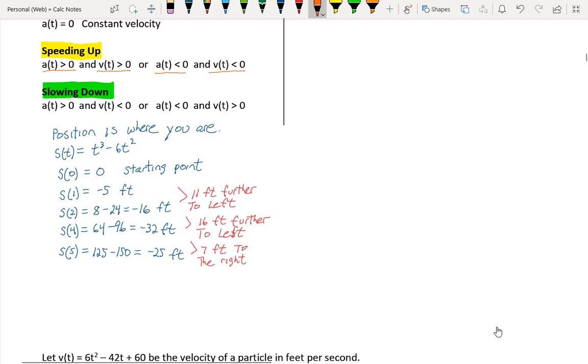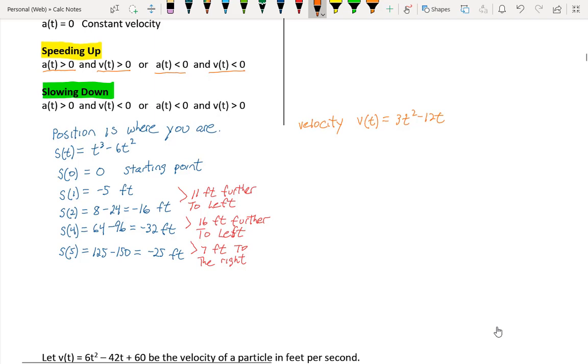Okay? So kind of keeping all that in mind, let's take a look at velocity here. Okay? Because velocity tells me when I hit a max or a min or something like that. So take a look at this. If I look at my velocity function here, our velocity function was v of t equals 3t squared minus 12t.